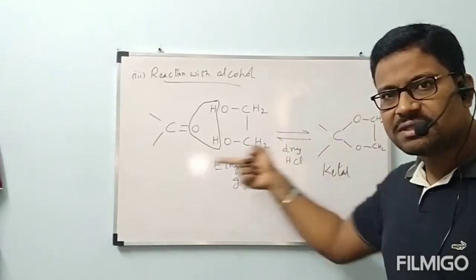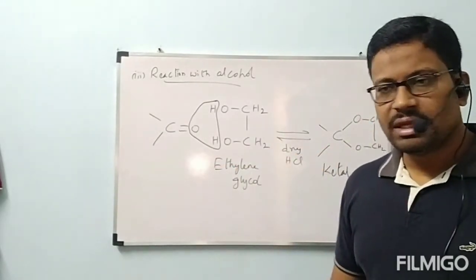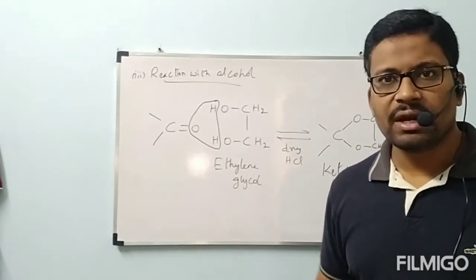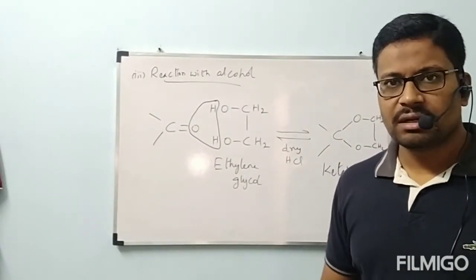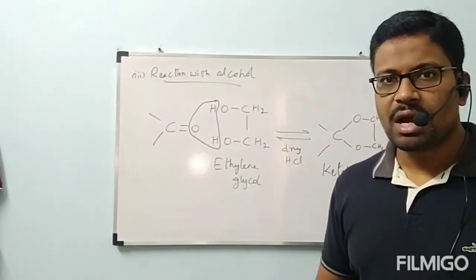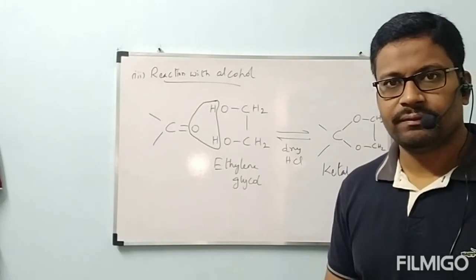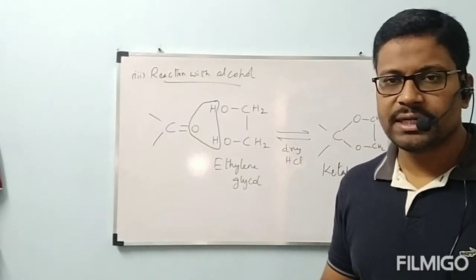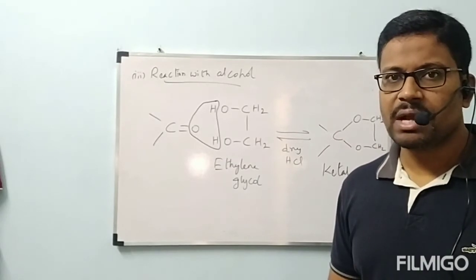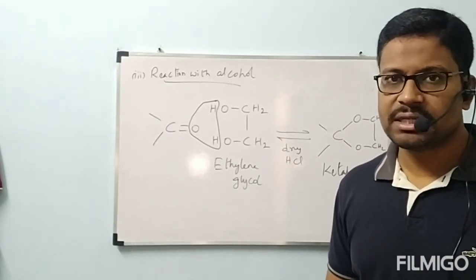Because this is a reversible reaction, the reaction easily happens by hydrolysis. So one point you can write: acetals or ketals will undergo hydrolysis to form the carbonyl group easily. You can write that as a note point.